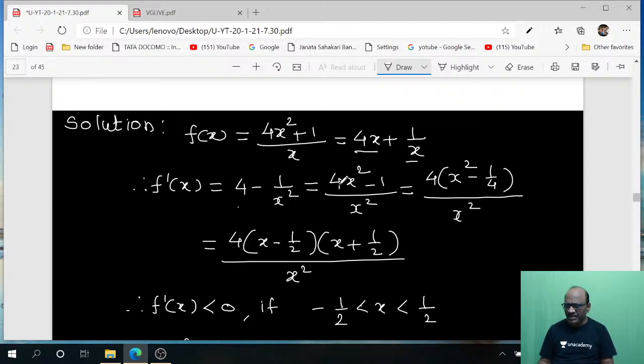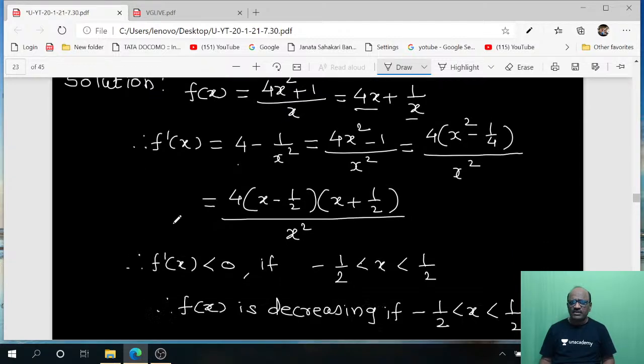Now from the numerator, take 4 as common. Then you will get 4 (x square minus 1 by 4) upon x square. Now what are the factors of x square minus 1 by 4? The factors of x square minus 1 by 4 are 4 into bracket x minus 1 upon 2 into x plus 1 upon 2.